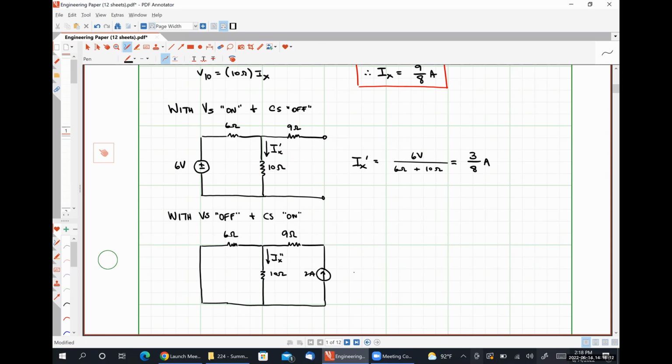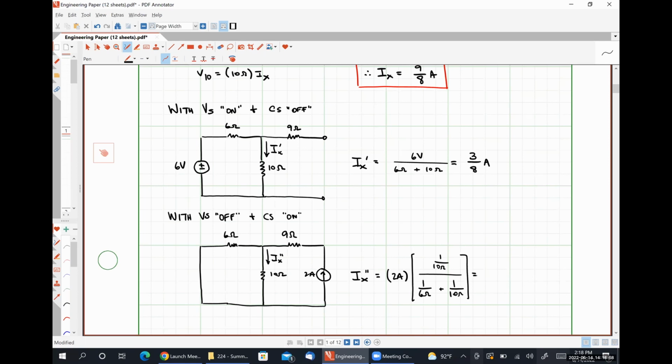And I can solve for the current IX double prime using current division, which we discussed in yesterday's class. So using current division, I'm going to have 2 amps because that's the amount of current that's flowing through the 9 ohm resistor and then sees the parallel resistive network. And since I want the current through the 10 ohm resistor, I'm going to have 1 over 10 ohms. And then in my denominator, I'm going to have the sum of the reciprocals of the resistors that are in parallel. So that's going to be 1 over 6 ohms plus 1 over 10 ohms.